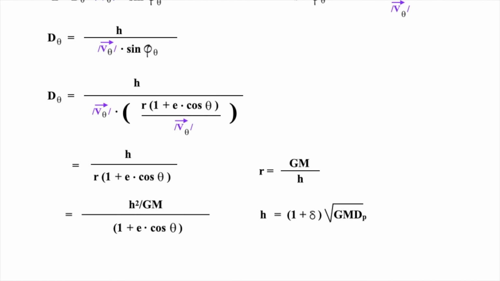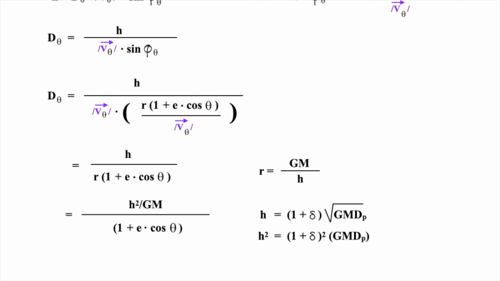But we can substitute for h as well. If h equals the quantity 1 plus delta times the square root of g times m times the distance at perihelion, d sub p, then h squared equals the square of the quantity 1 plus delta times g times m times d sub p.